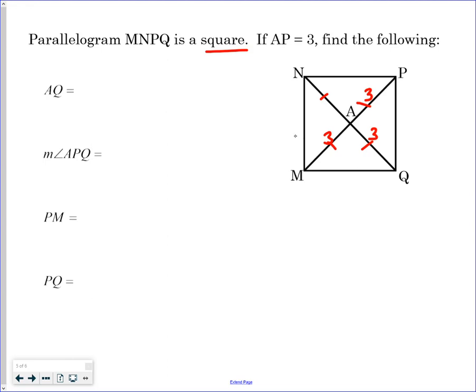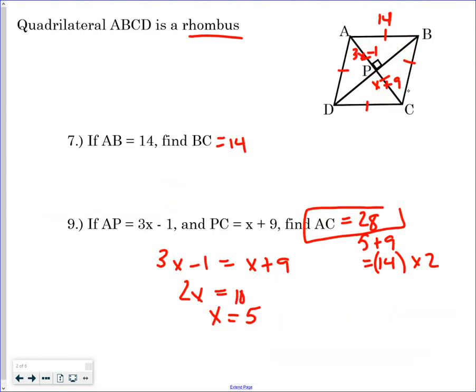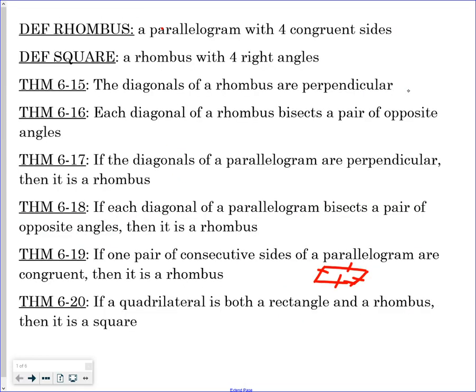Okay. So AQ is 3. Is that okay? APQ is right here. So I know this whole angle is 90, right? If I go back to my theorems about squares, or maybe a rectangle or a rhombus, I'm not sure, but let's see here. Something about diagonals. Each diagonal of a rhombus, which a square is a special rhombus, right?